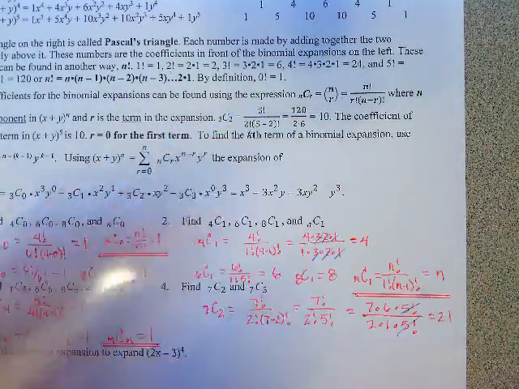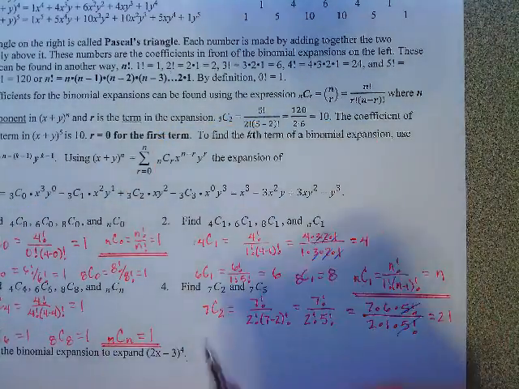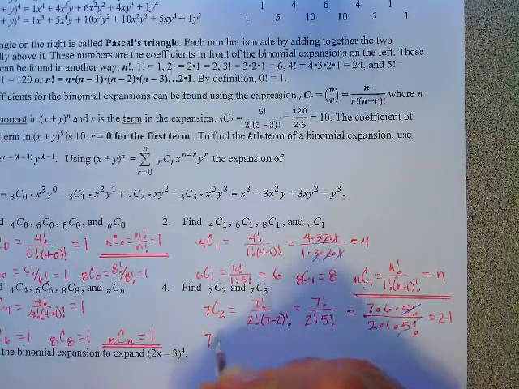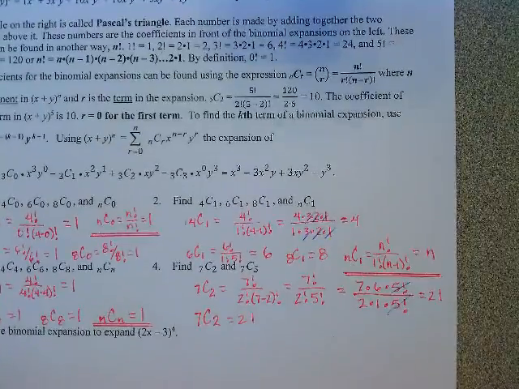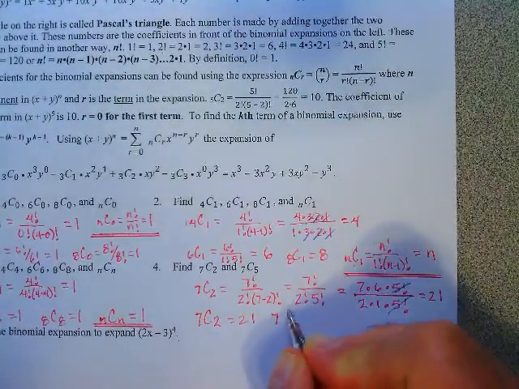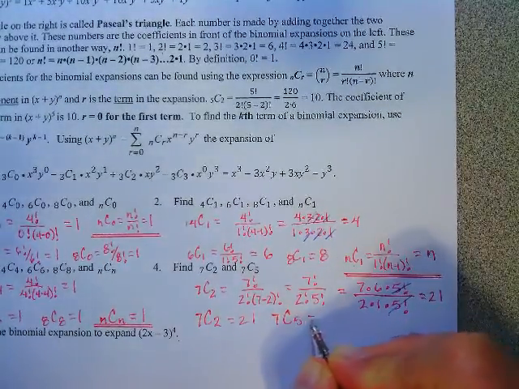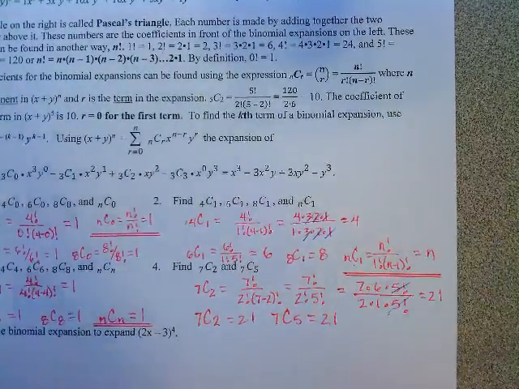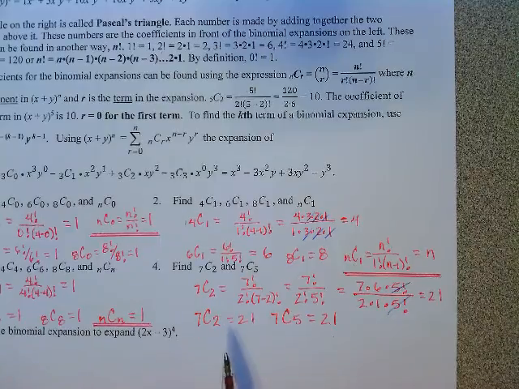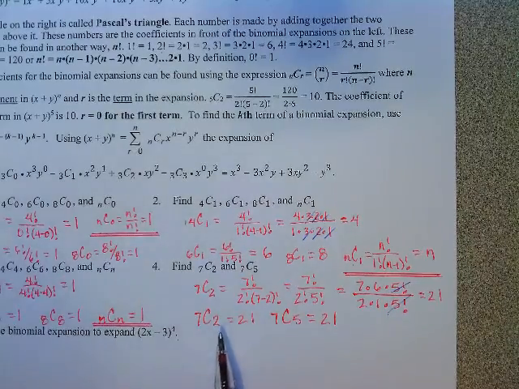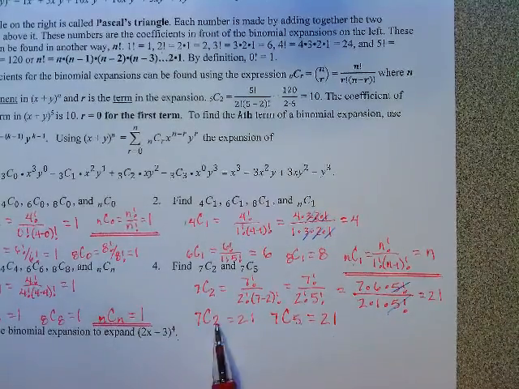Note this also comes out to 21. So 7c2 equaled 21. 7c5 equals 21.